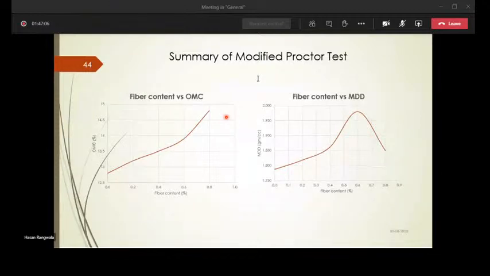If you see here, we have 0, 0.2, 0.4, 0.6, and 0.8 as the fiber contents. The OMC is increasing quite linearly, but in the MDD, at 0.6 we have some increase, and after that we have some decrease in the MDD.